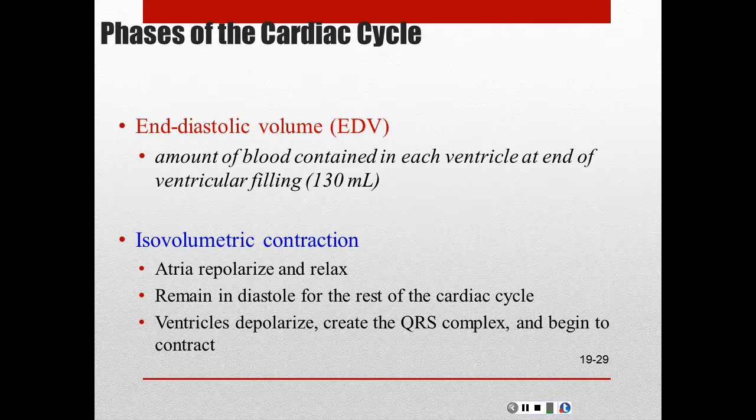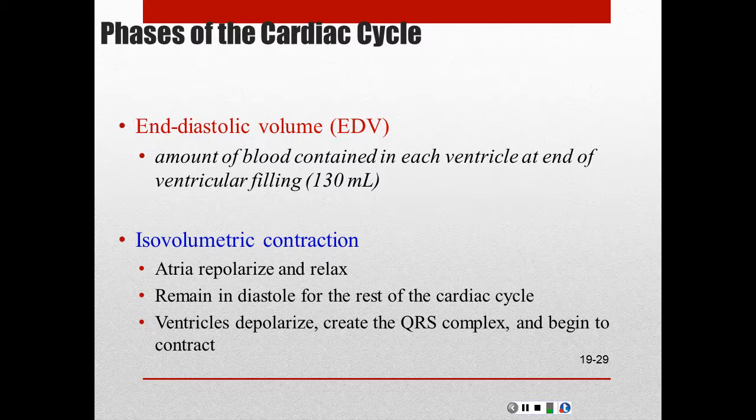Now, the AV valves close, and the heart sound S1, our lub, occurs, produced mainly by the left ventricle. This phase is called isovolumetric contraction because even though the ventricles contract, they do not eject blood yet. There is no change in their volume.